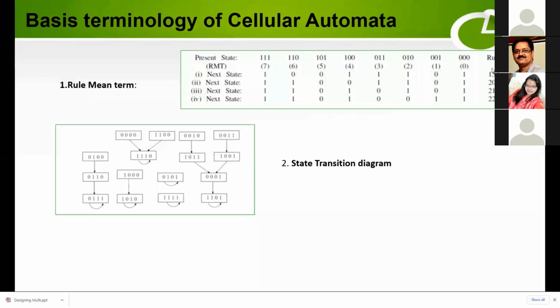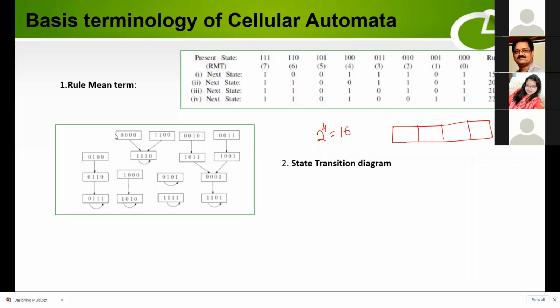Next, here you can see that 4 different rules are there. If there is a 4-cell CA, how many states are there? There will be 2 to the power 4, that is 16 states.